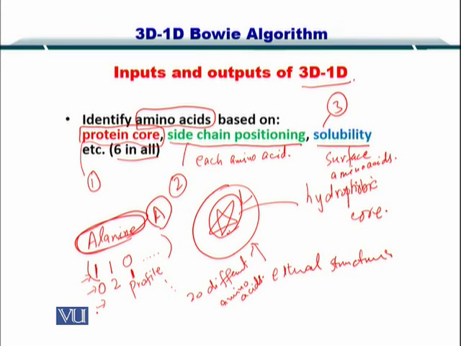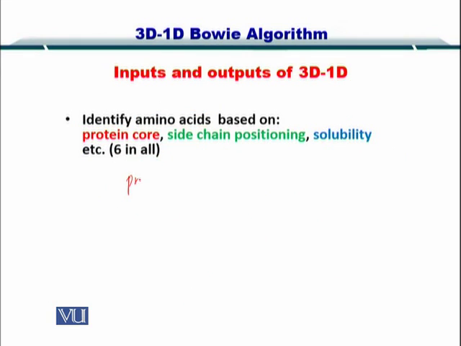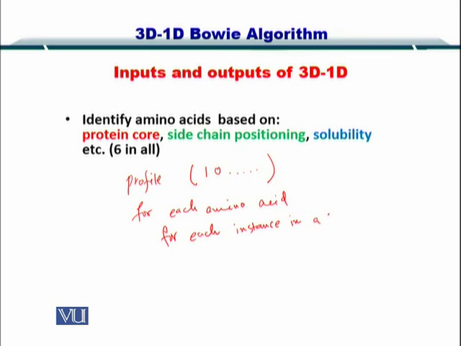So the 2 take-home messages are that you have to create a profile that is 1s and 0s for each amino acid for each instance in a protein structure.